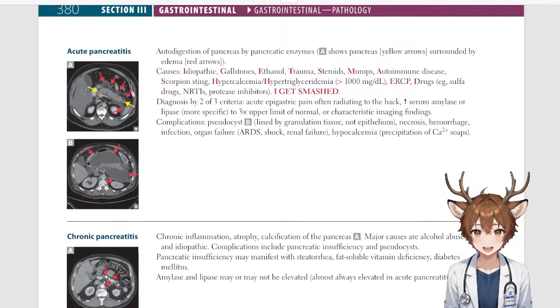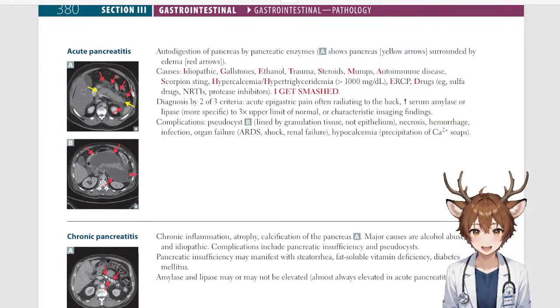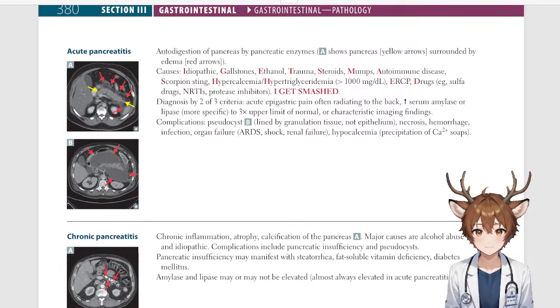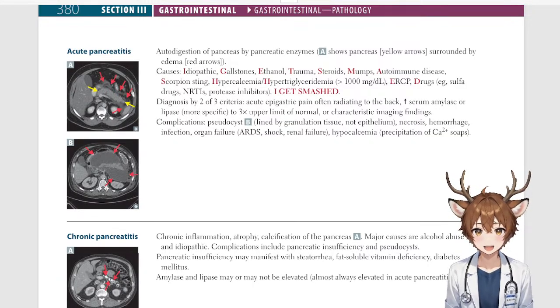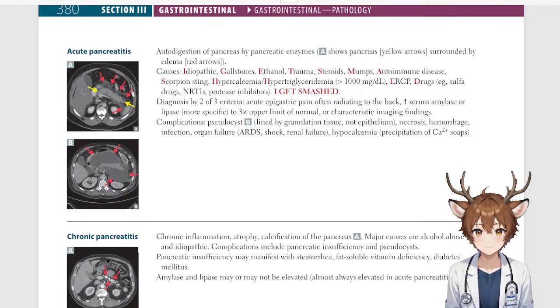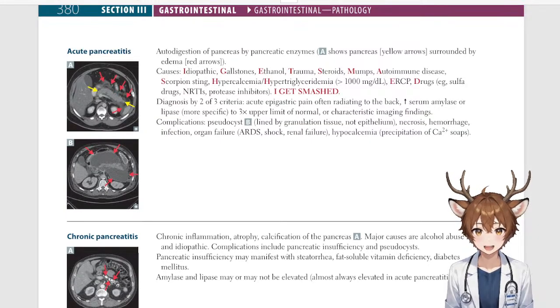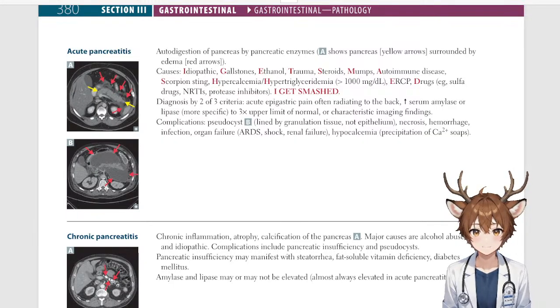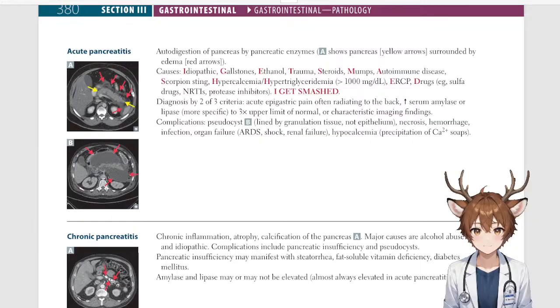Complications: pancreatic pseudocyst, lined by granulation tissue, not epithelium, abscess, necrosis of parenchymal or parapancreatic tissue, hemorrhage, infection, organ failure, ALI, ARDS, shock, renal failure, hypocalcemia, precipitation of calcium soaps. So like saponification. Okay.